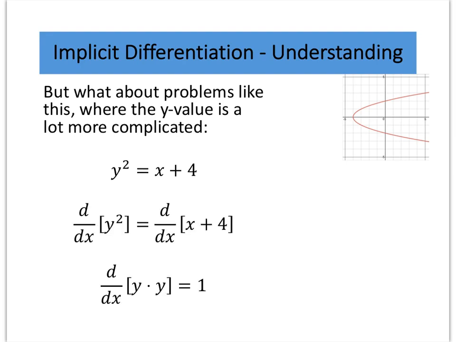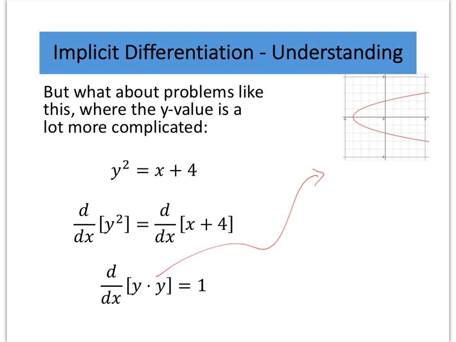So what I want to do is take the derivative of y squared equals x plus 4. The derivative of the right side, x plus 4, is just 1, because the 4 goes away and the derivative of x is just 1. But y squared becomes a little bit more complicated. And in fact, I want to use the chain rule to do the derivative of this left side.